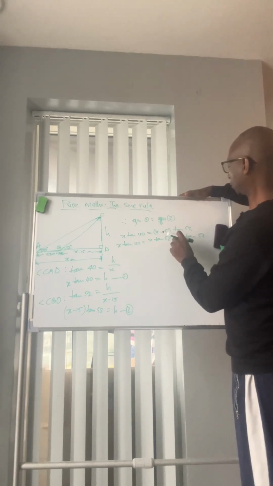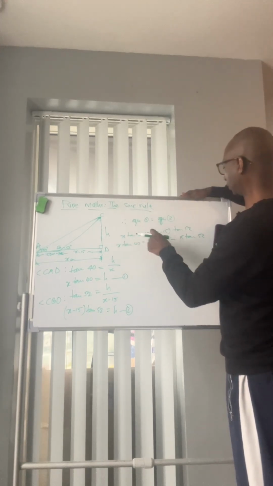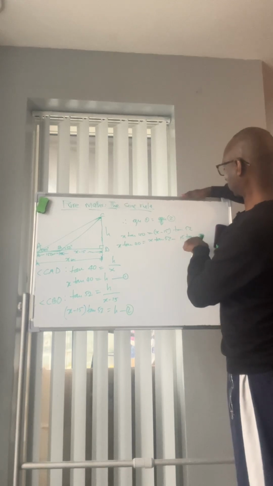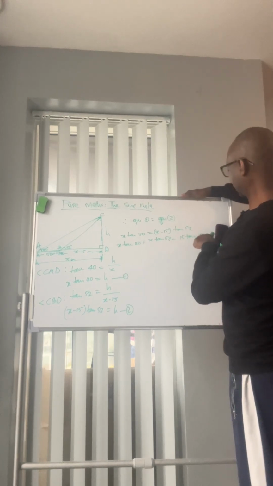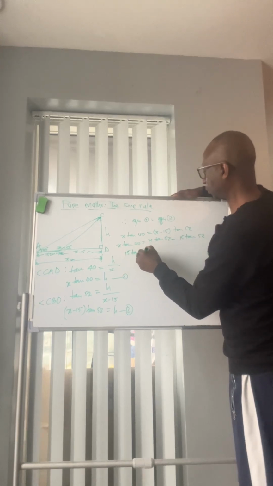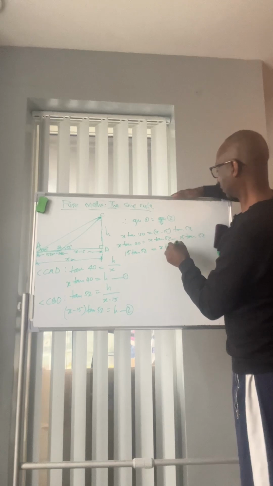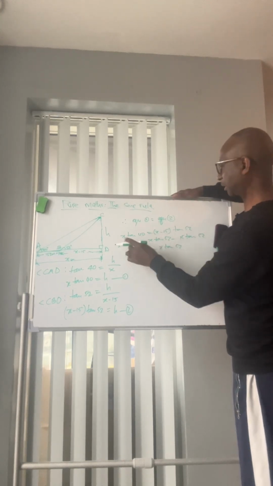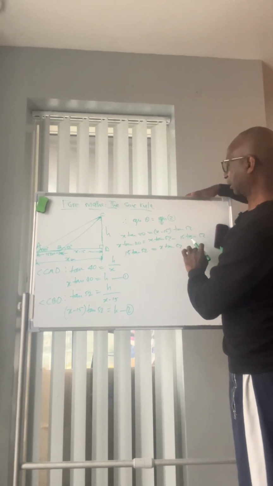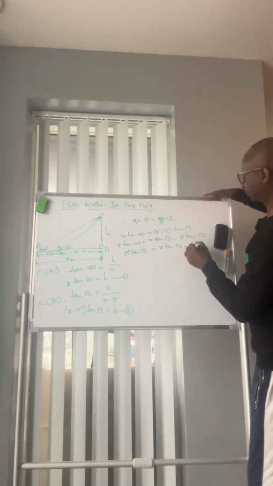Collect like terms. What I would like to do is bring this minus over the equality sign, and it will now be plus. So I'll have 15 tan 52. I still have x tan 52 here. Now this x tan 40 will come to the right-hand side, and it will be minus x tan 40.